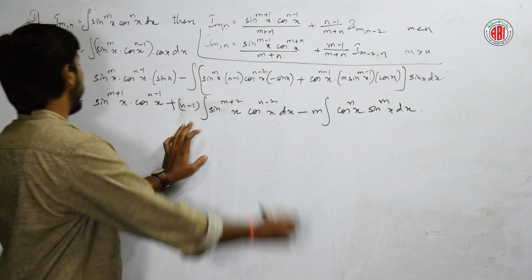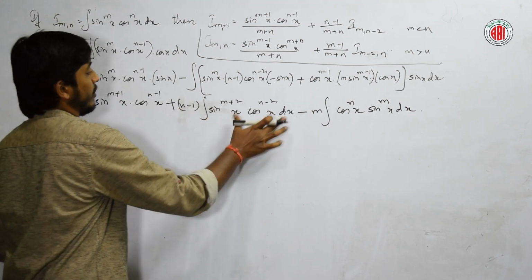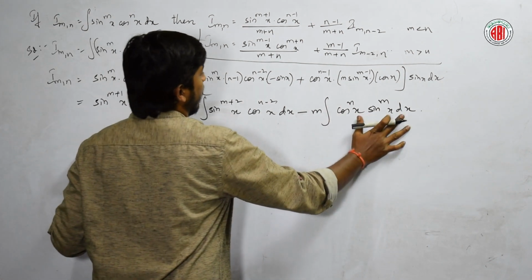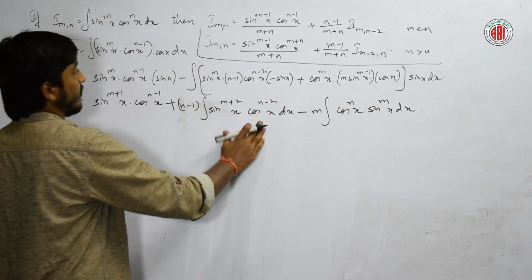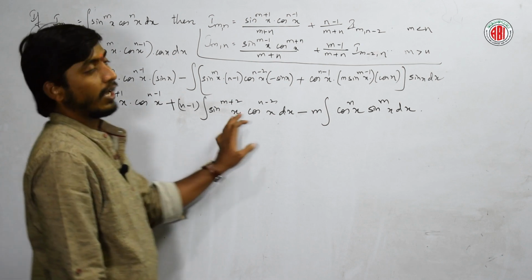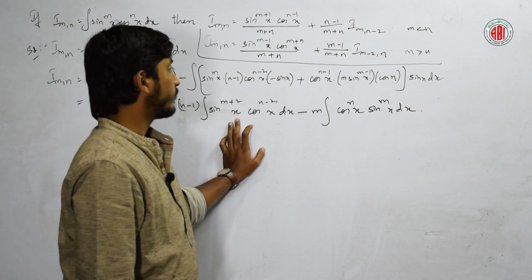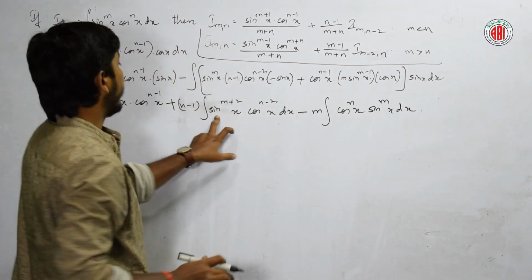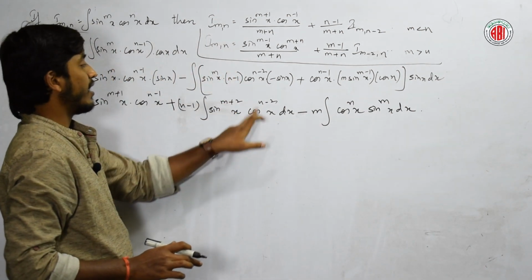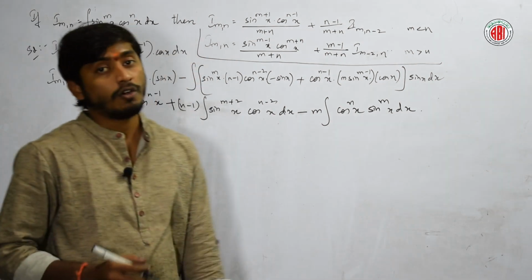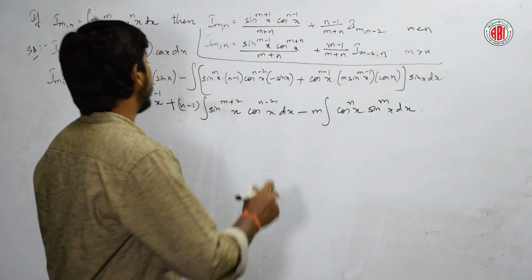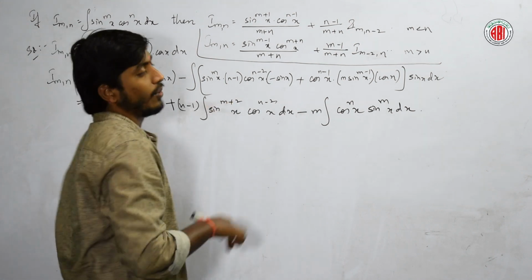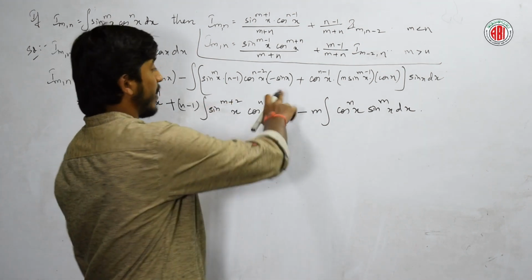What do we get? Here it is n minus 1 into this term. This one it's fine, here it's fine, but we have to find the integration of this term. So how do we get? Now just tell me, integration of sin^(m+2) x cos^(n-2) x dx. How do we simplify this? If you observe, here it is sin^(m+2), that is sin^m into sin square, and here it is cos^(n-2).